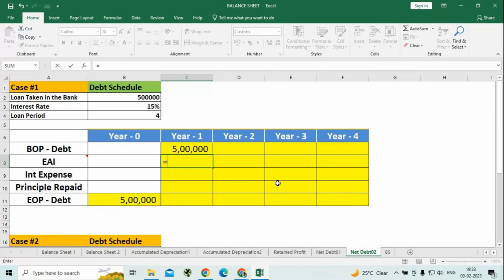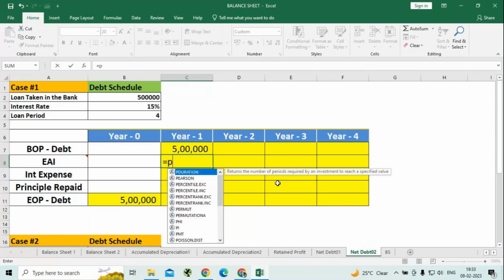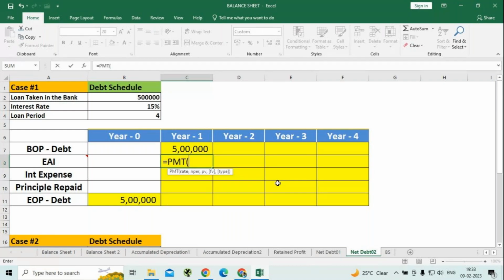Can anyone tell me how we give the values for PMT? We give the PMT function name, opening the bracket. What is the rate of interest here?